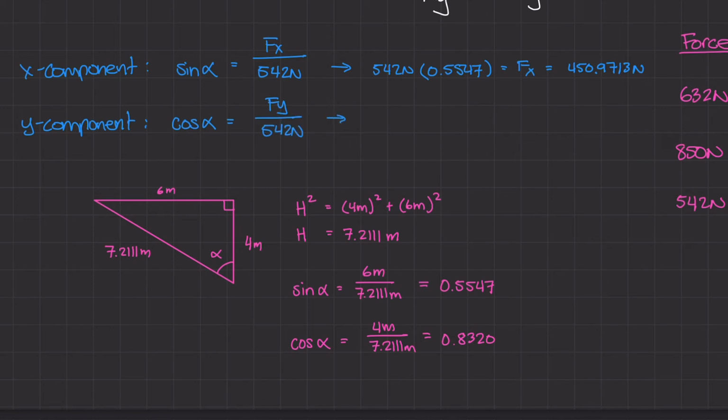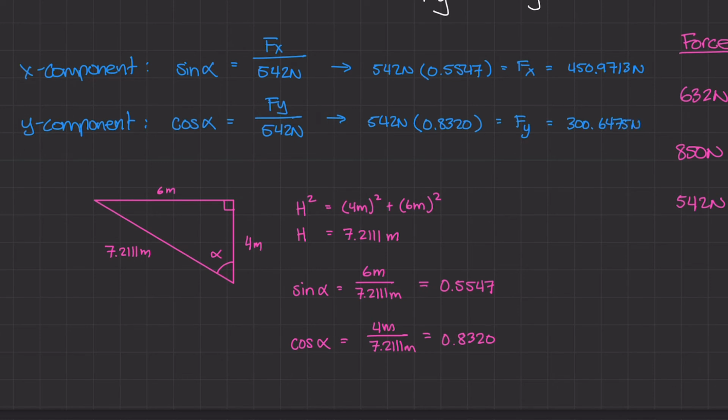And again, if I rewrite this, I get 542 newtons times cosine of alpha. Well, cosine of alpha was this value right here, 0.8320, and that is equal to F of y. Now, F of y turns out to be about 300.6475 newtons.